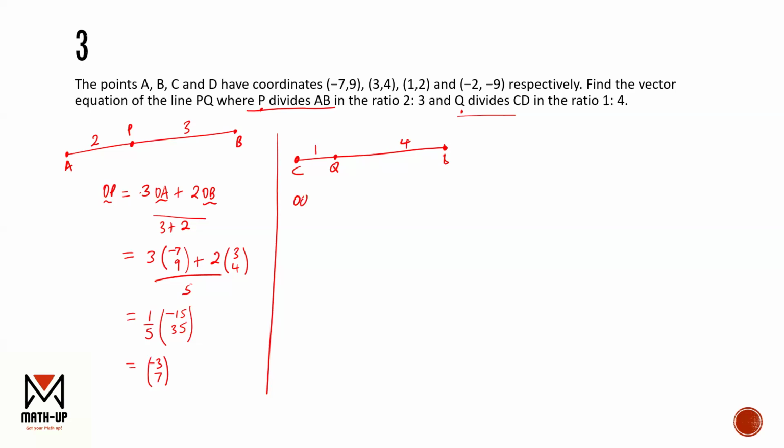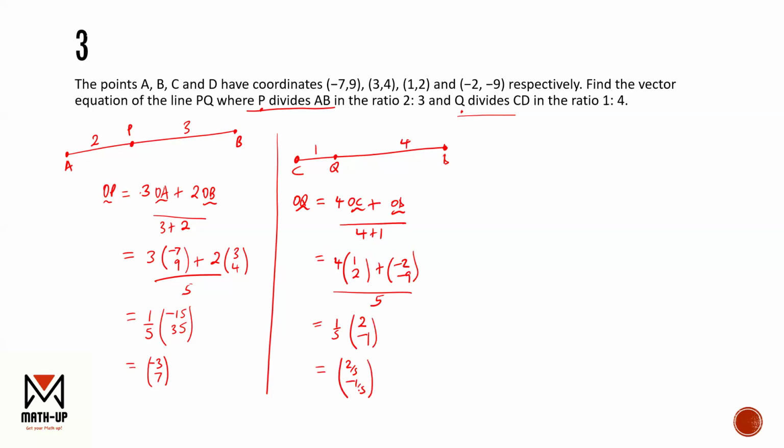So OQ is 4 times OC plus 1 times OD divided by 4 plus 1. This is going to be 4 times (1, 2) plus (-2, -9) divided by 5. That's a fifth multiplied by (2, -1), which is (2/5, -1/5).